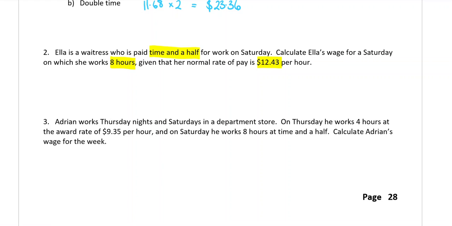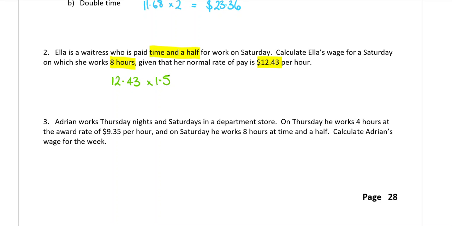Okay, so first of all, she's not just going to be getting $12.43 per hour. She is getting time and a half. So I'm going to times that by 1.5, and that would be her new rate of pay. But instead of calculating that straight away, I'm going to say, but she's doing this for 8 hours, not just one.